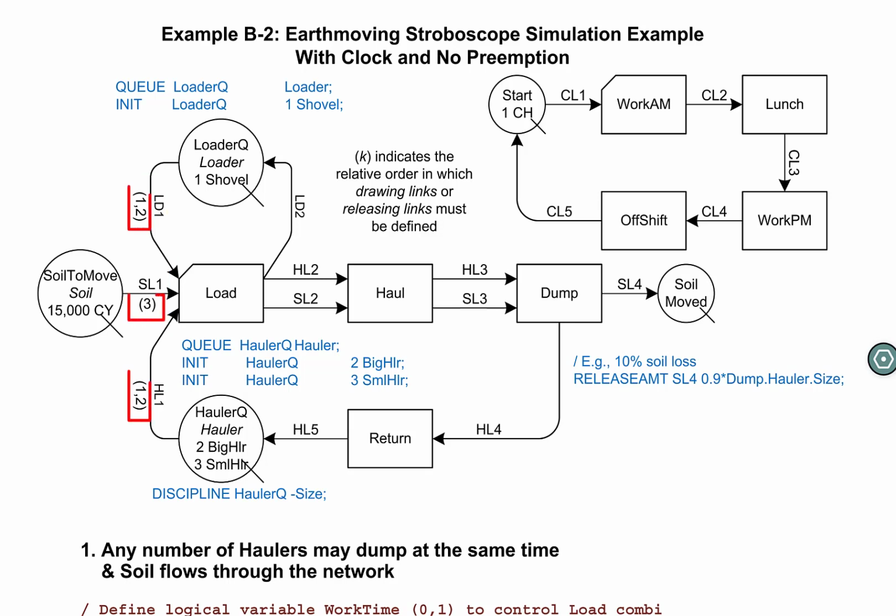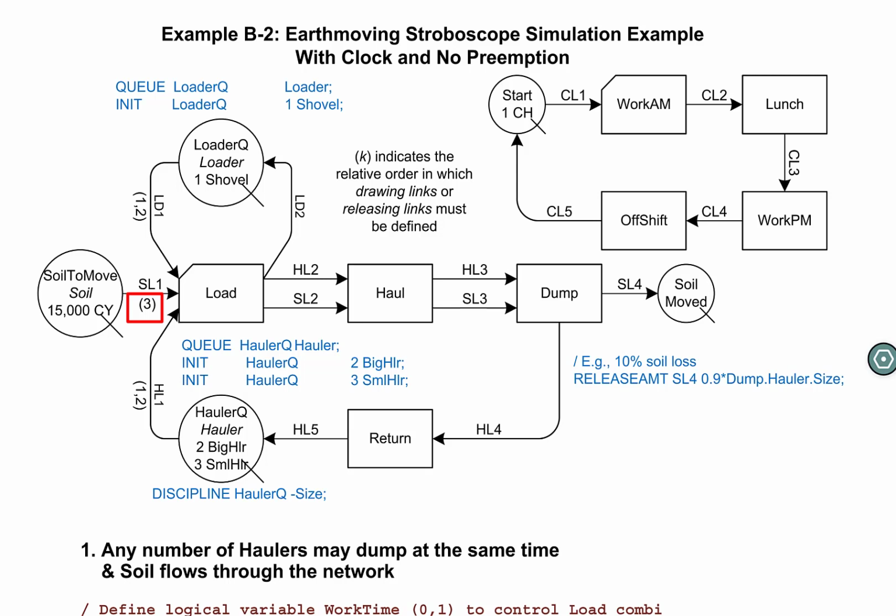The numbers in parentheses 1, 2, and 3 indicate the order in which these links have to be defined for the drawing process to actually work as intended. In this case, LD1 and HL1 can be defined either as the first or the second link, but the important thing is that link SL1 must be defined last. It must be the third link to be defined.